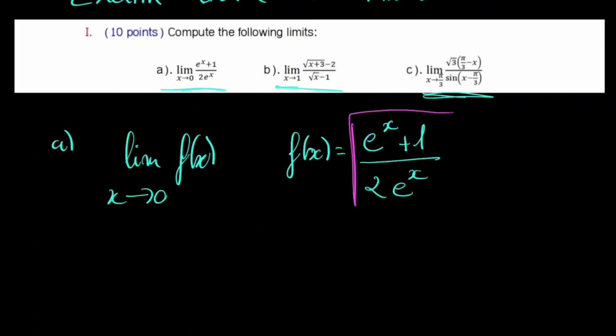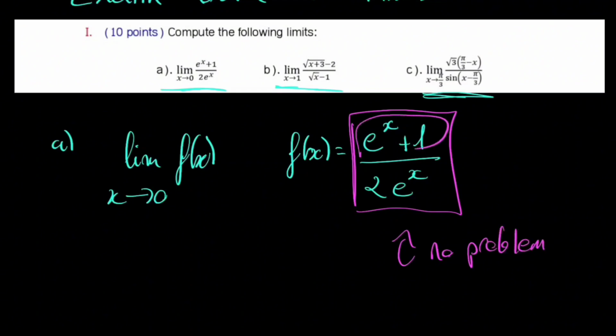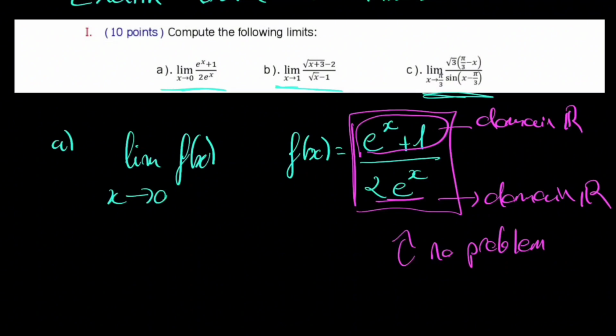So here we have a function that seems to have no problem, because we've got an exponential with a domain equal to R and another exponential with a domain equal to R, and that is always superior to 0.